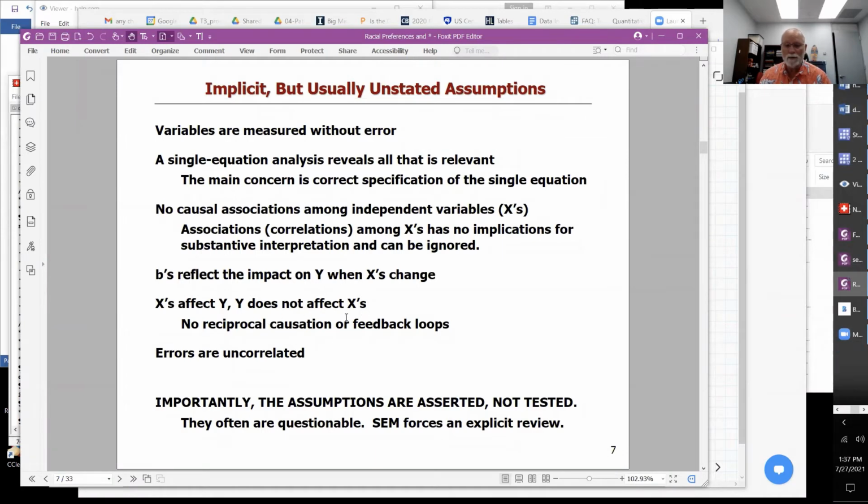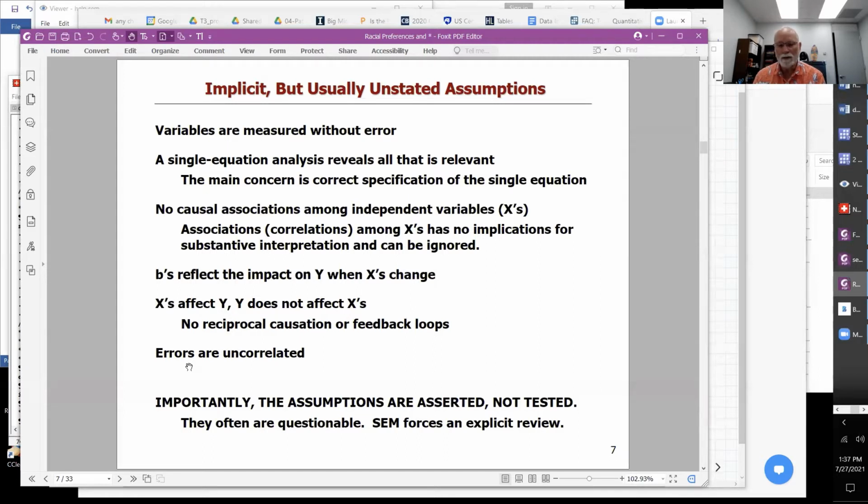So if those things are ever plausible, it would cause us to think carefully about drawing implications from a single equation analysis, and we might need to consider going to structural equation modeling. Another thing we assume is that errors are uncorrelated. And in OLS regression, we often do think about how errors are correlated, but that's usually at the level of individual observations.